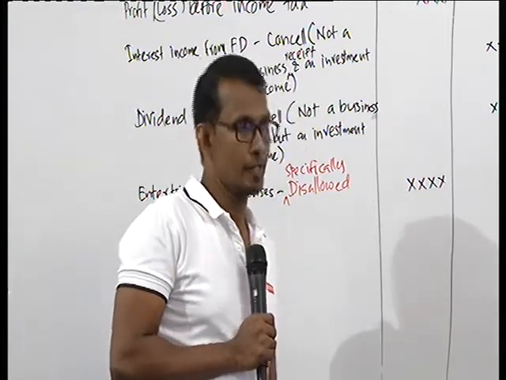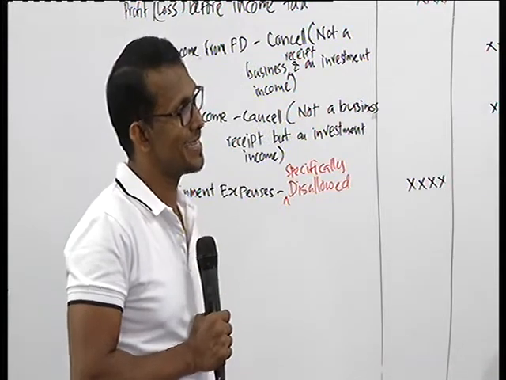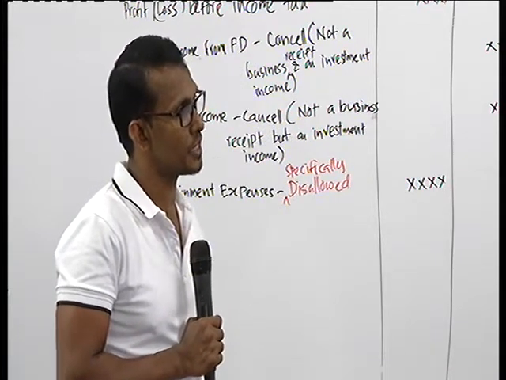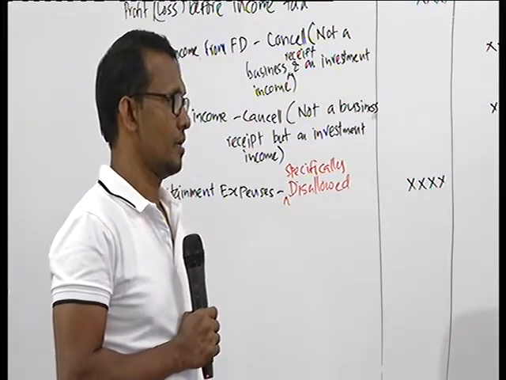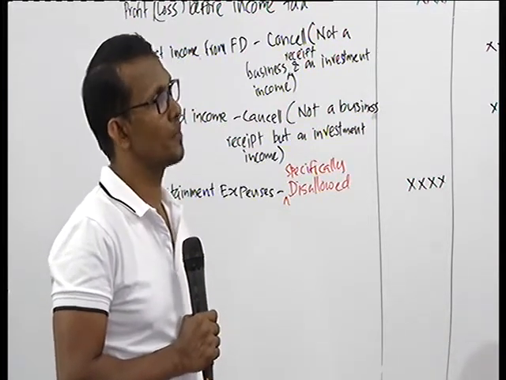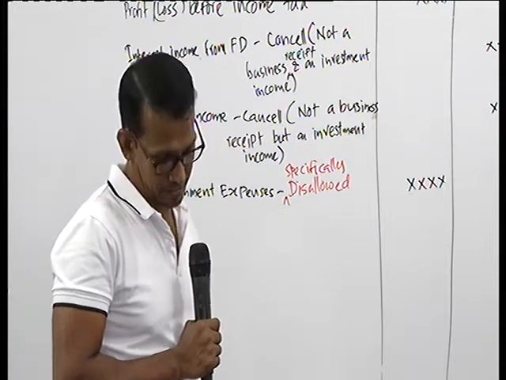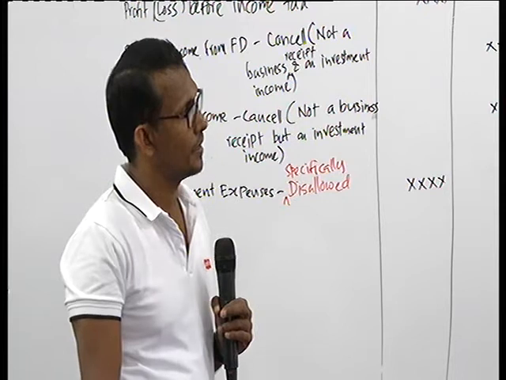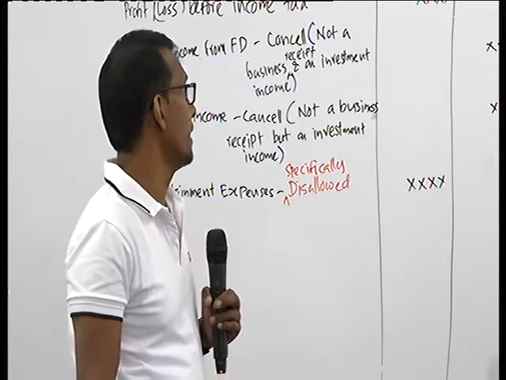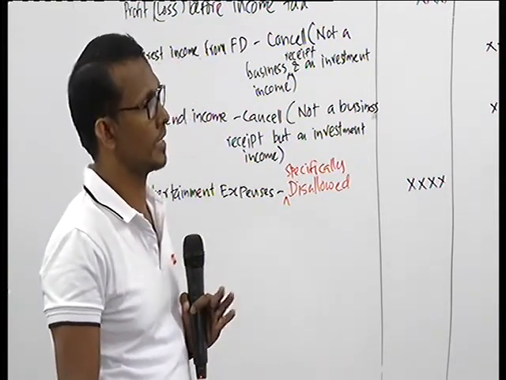But for the purpose of income tax, these anticipated losses cannot be considered as expenditure. You cannot book an expenditure which is not incurred. So therefore, no provisions are allowed for the purpose of income tax in computing assessable business income.